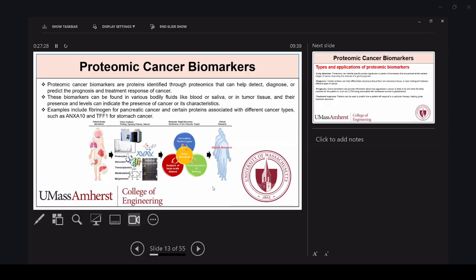They are nothing but the proteins that can help detect, diagnose, or predict the cancer, the prognosis and treatment. Okay. These biomarkers are present in various bodily fluids like blood, or tumor tissue, and their presence and levels indicate the presence of cancer or its characteristics.